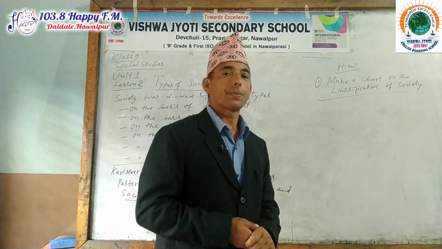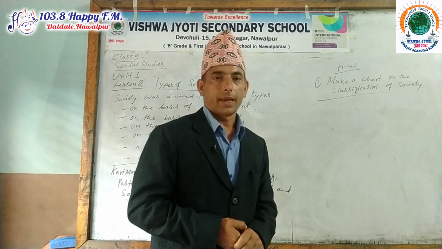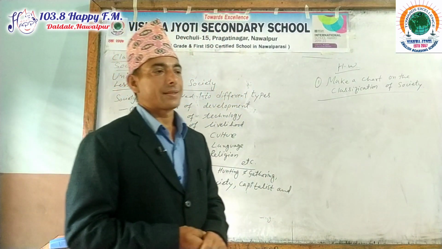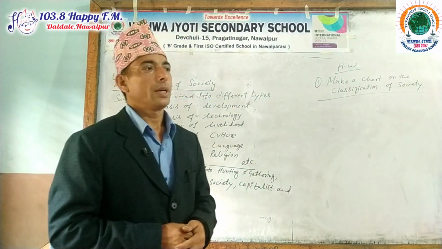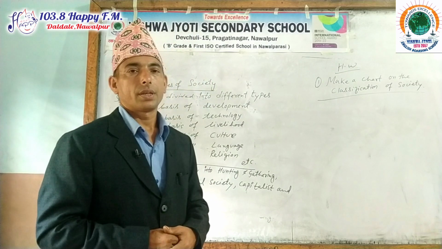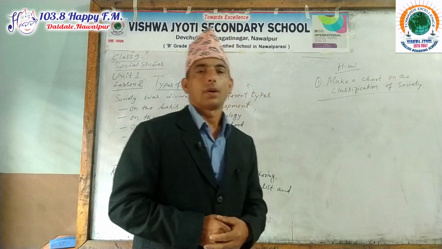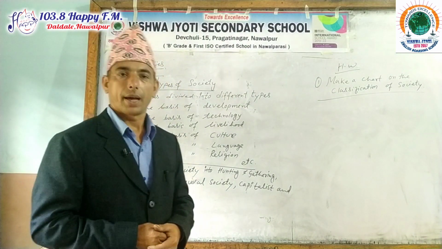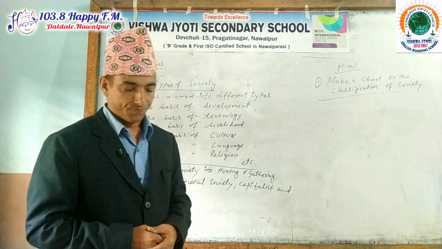Different types of crops are grown, like paddy, maize, millet, buckwheat, etc. In the community, they depend their life on growing different types of crops and grains. Even off-seasonal vegetables are also cultivated in this type of society.